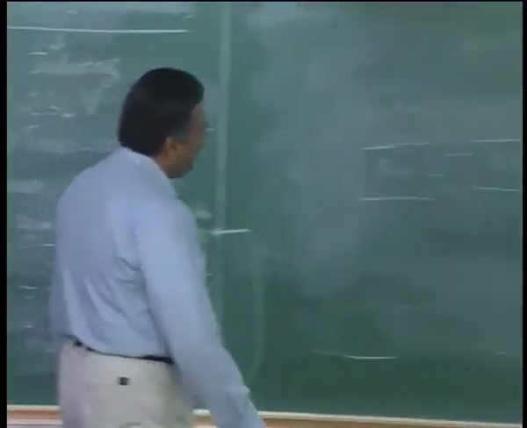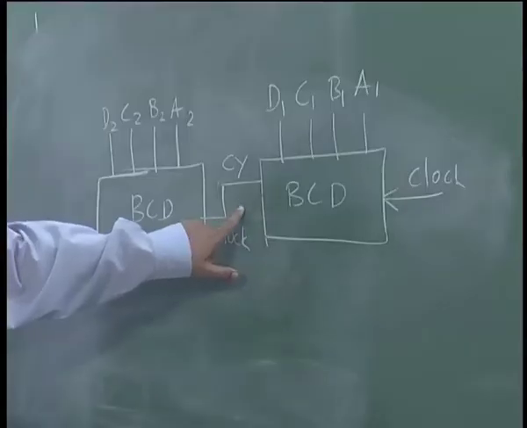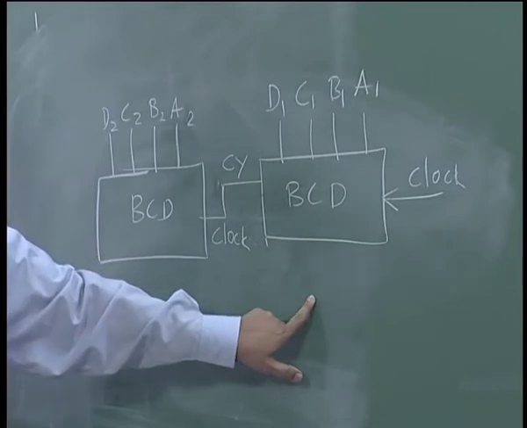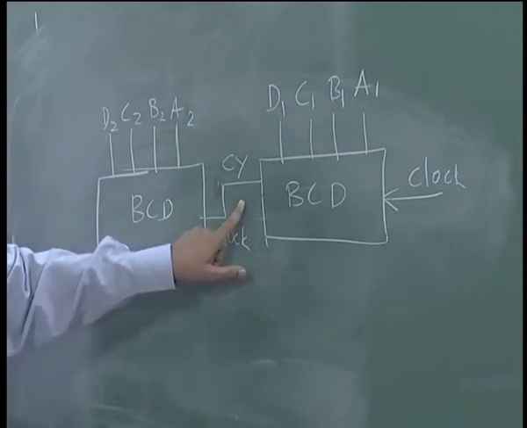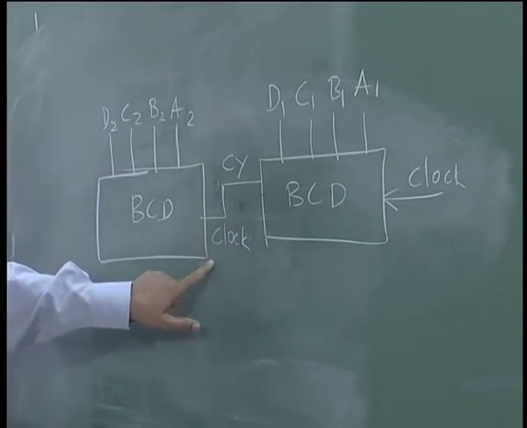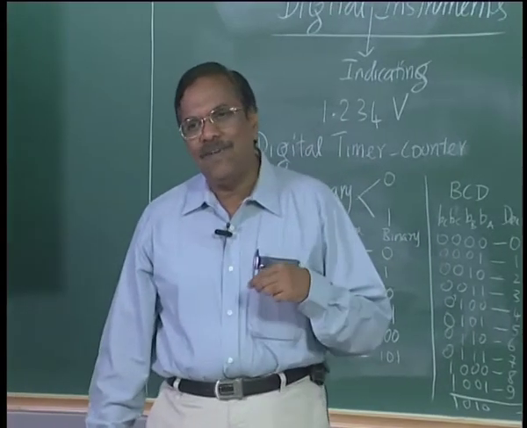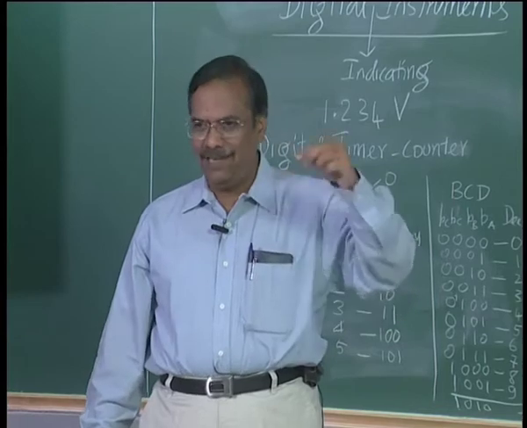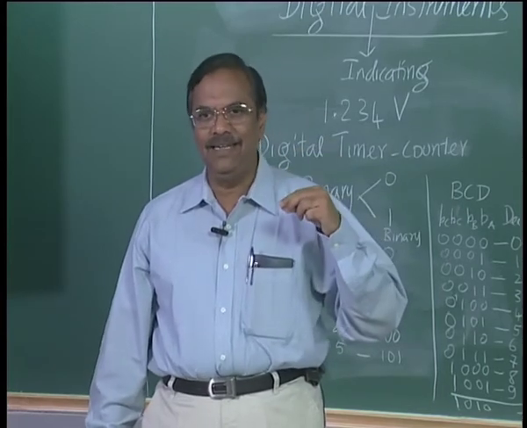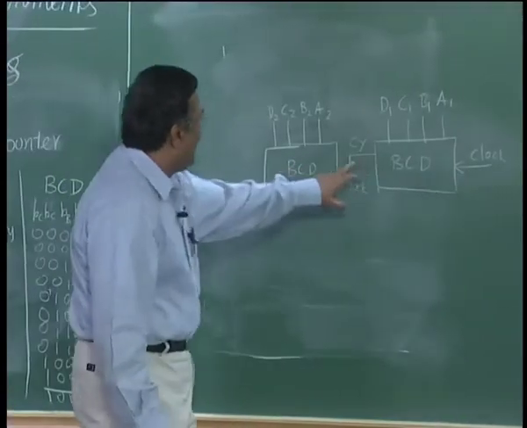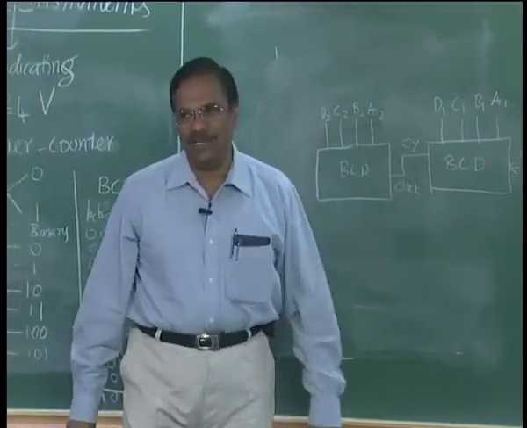So, now if I look at it, every time this goes through 0 to 9, I will get a carry, and that carry becomes a clock, and the A2, B2, C2 will now count the number of times that I have got carry, right. If the first counter has gone through 0 to 9, it has counted up to 10, right, and goes from 9 to 0, one clock will be generated in the carry and A2 will become 1, right.